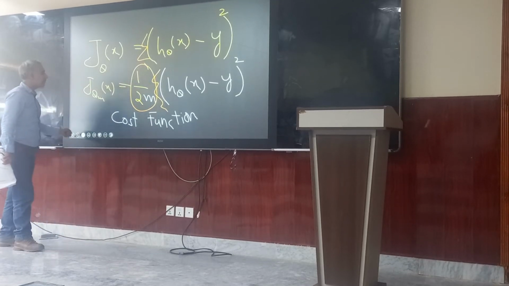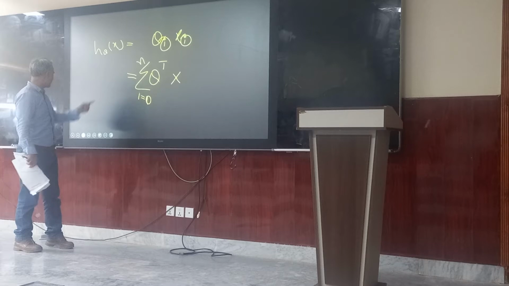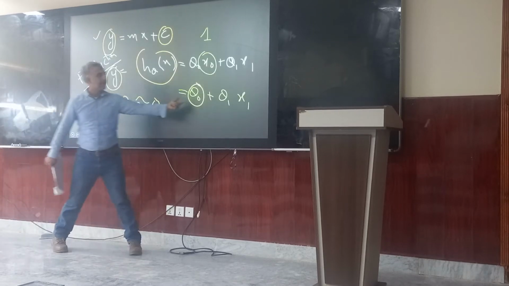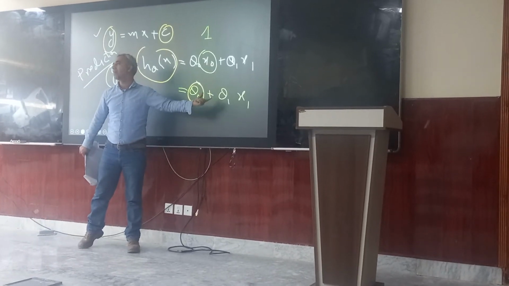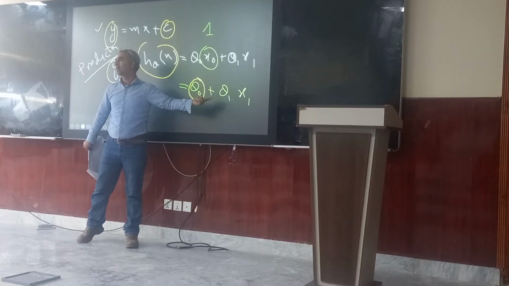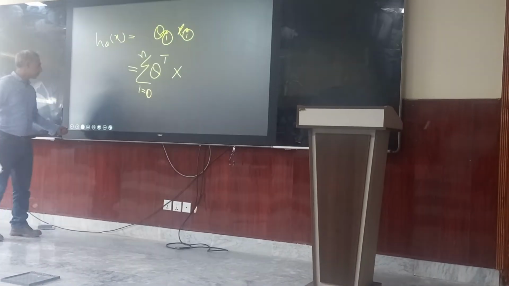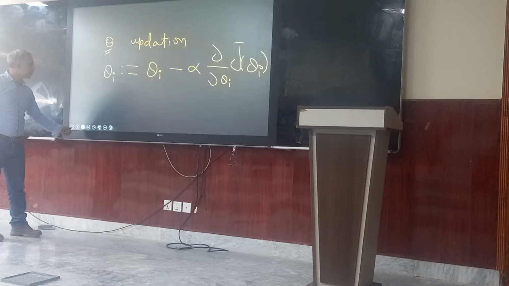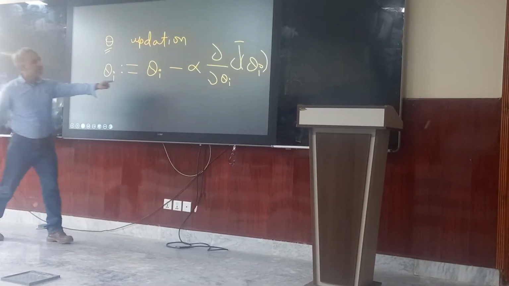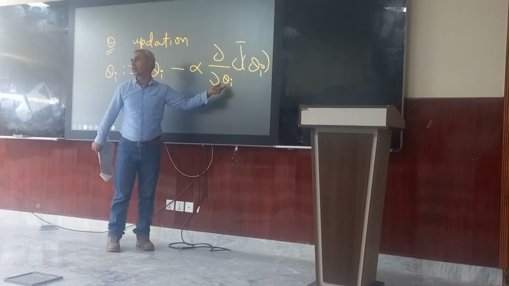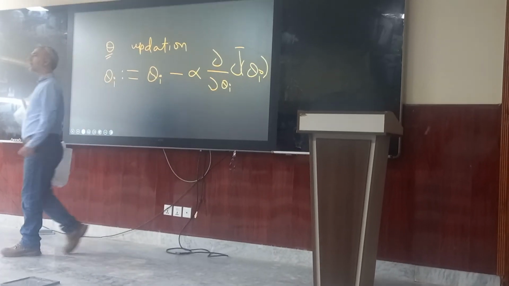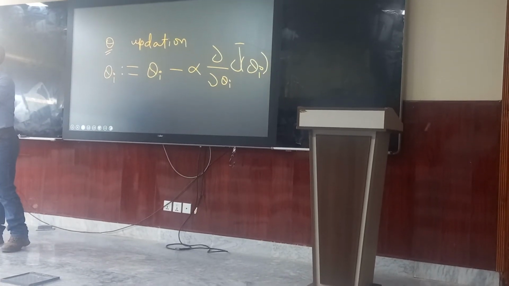You know what the hypothesis function is? The hypothesis function looks like this. There are many weight parameters involved, so we consider the partial derivative with respect to the weight parameter theta. Because we don't want to disturb the features, they are constant.